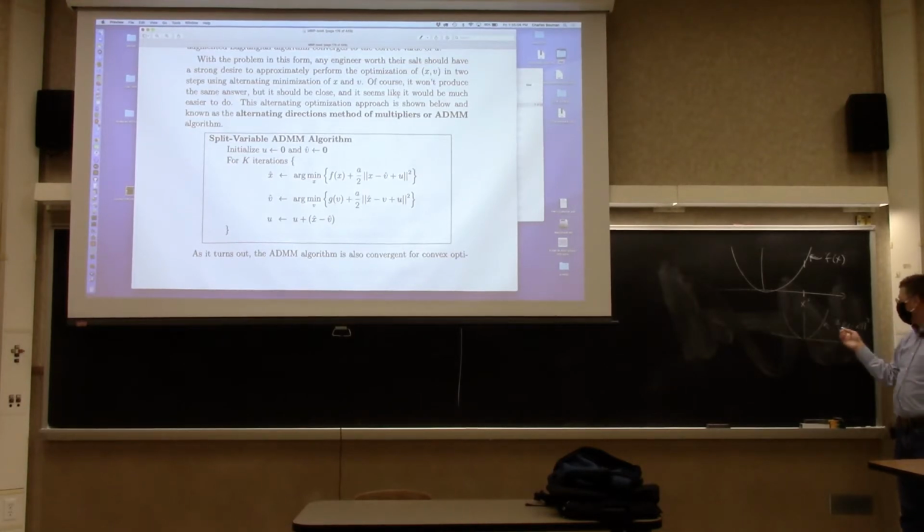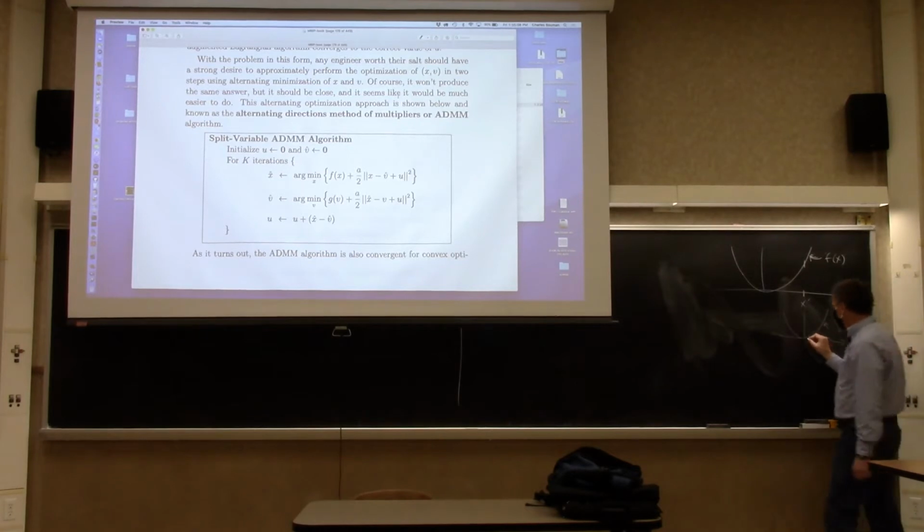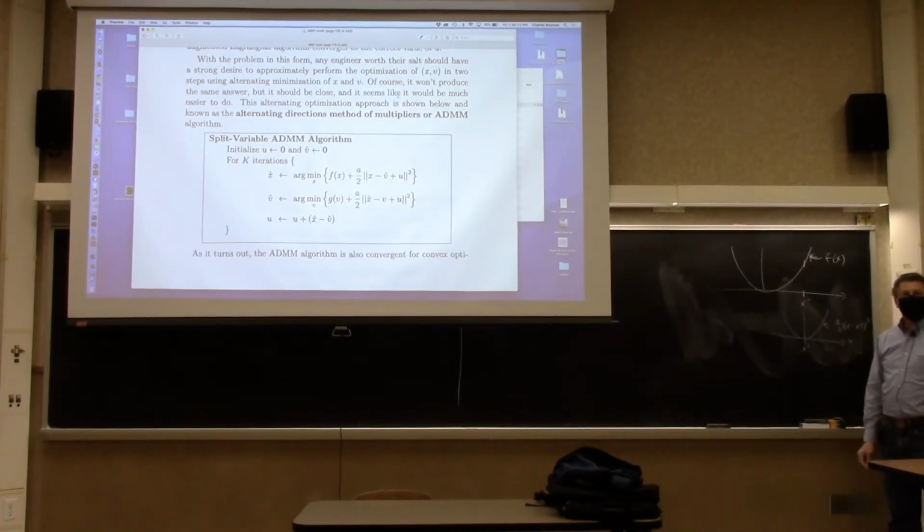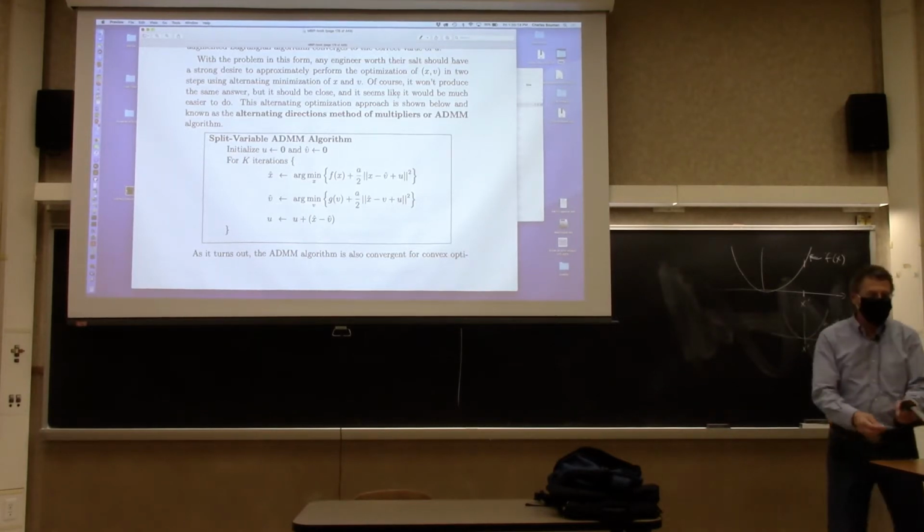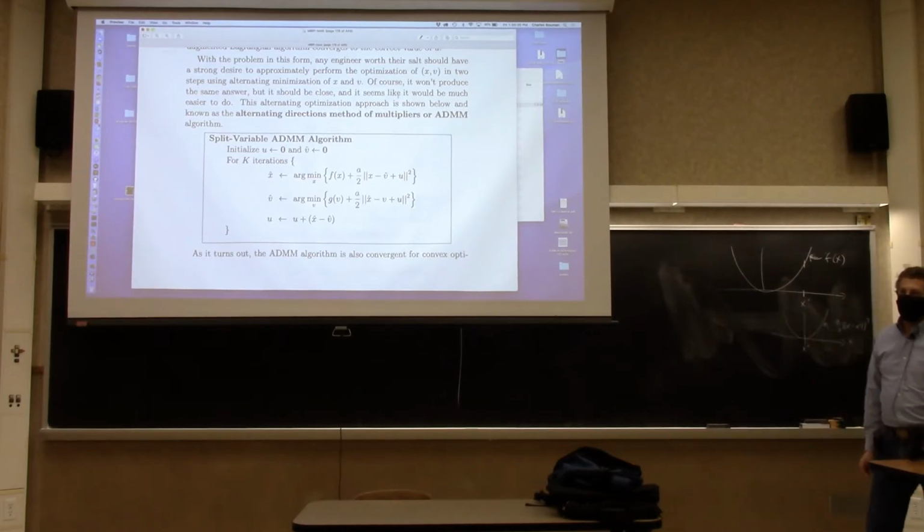It's a quadratic function of the distance from x prime, and this point is x prime. Does that make sense? This is important to understand, just a simple idea. If you have any questions, stop me here, because if you have a question, it's likely other people have the same question.